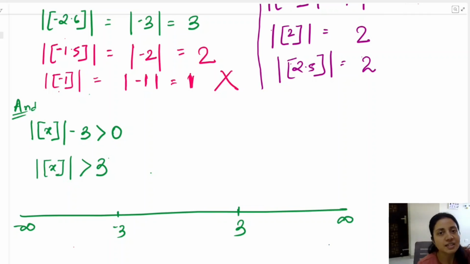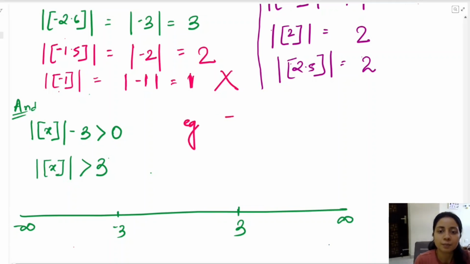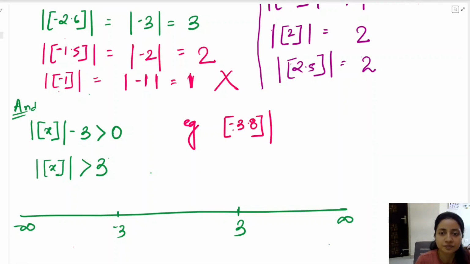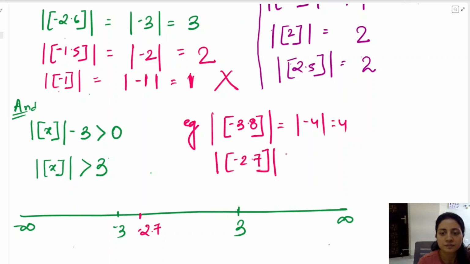Now here as well, let's take a few examples. Suppose we are taking minus 3.8. This will give us just 4, and yes, it is satisfying our inequality. What about a number towards the right of negative 3, maybe minus 2.7?